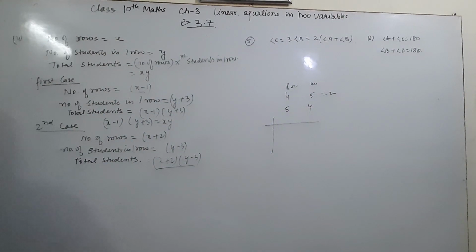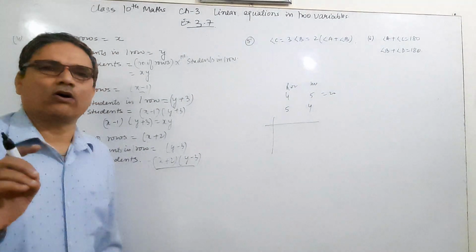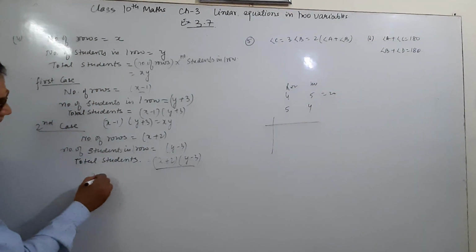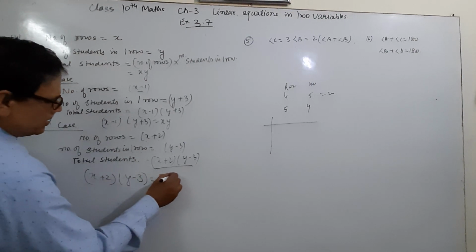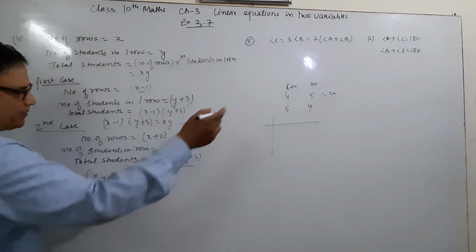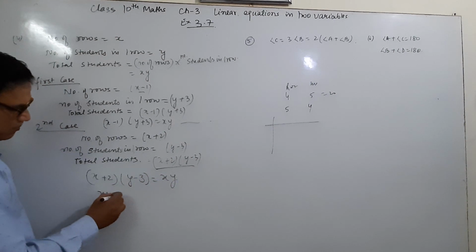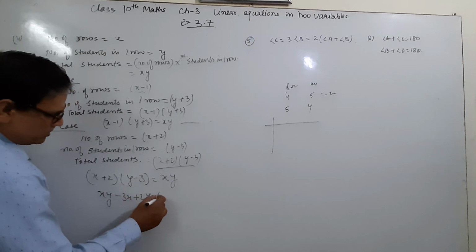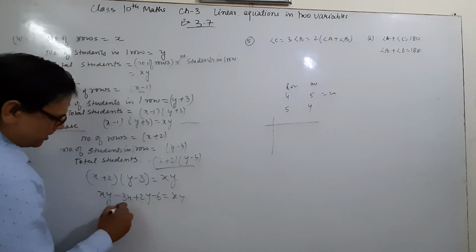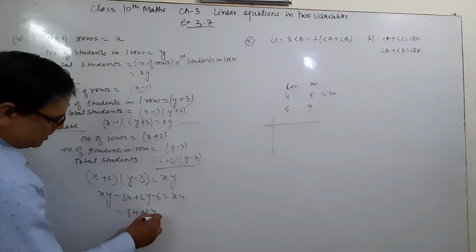And I think the total number of students will always be the same. So x plus 2 and y minus 3 is equal to xy, and that will be solved similar to the previous one. xy minus 3x plus 2y minus 6 is equal to xy. This will cancel, minus 3x plus 2y is equal to 6.